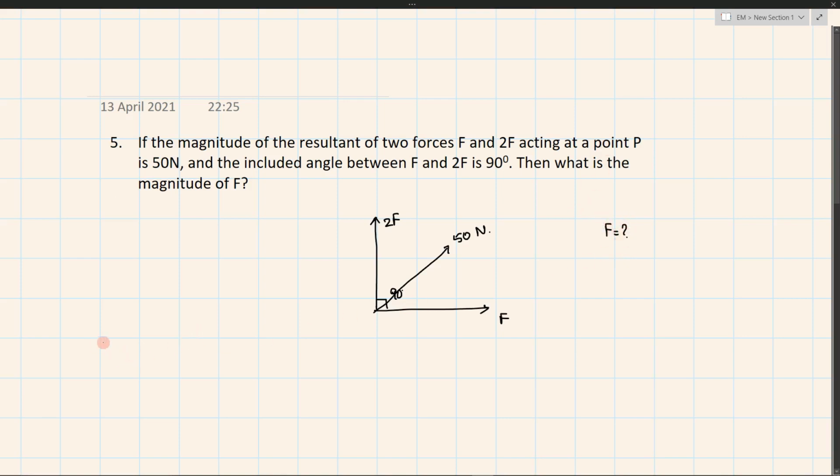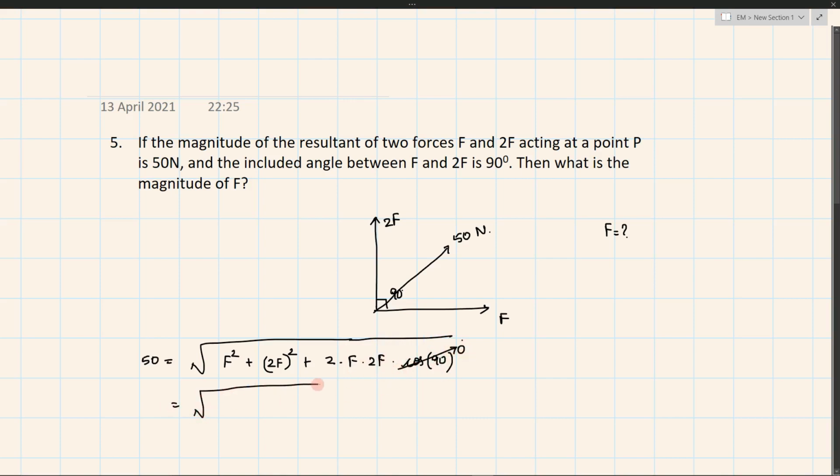Okay, so straightforward question. The resultant is given by the square root of the first vector, that is F square, plus the second vector square, that is 2F whole square, plus 2 into F into 2F into cos of 90 degree. We know that cos 90 is 0. So this is given by square root of F square plus 4 F square.